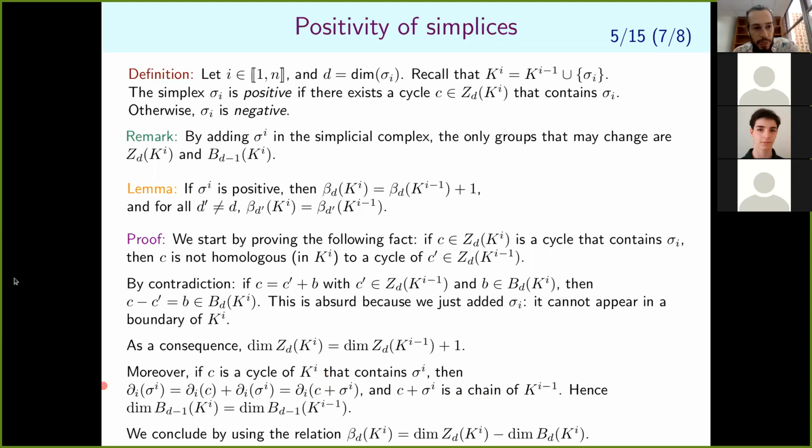The boundary of sigma I is equal to the boundary of C plus sigma I.